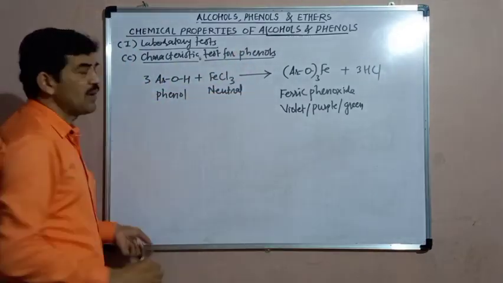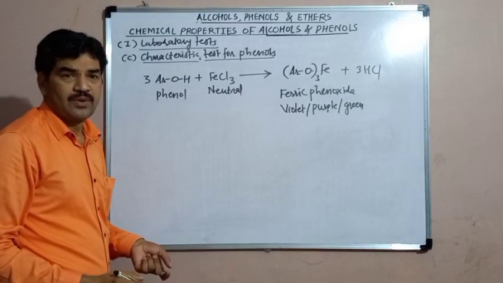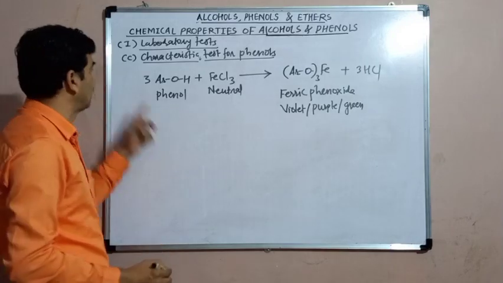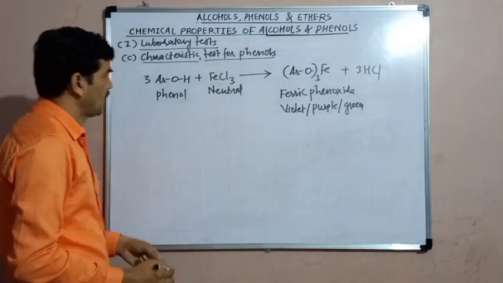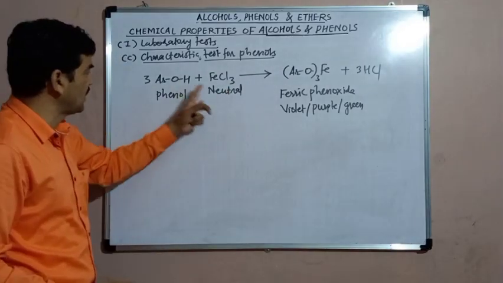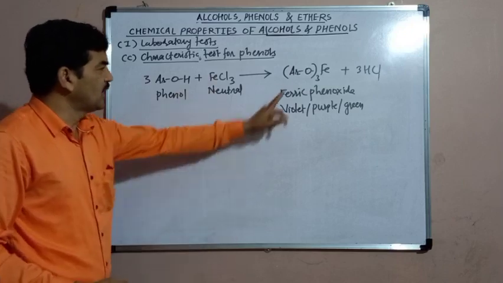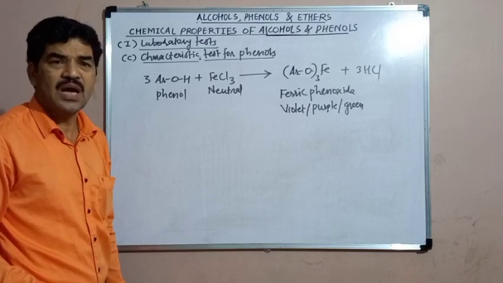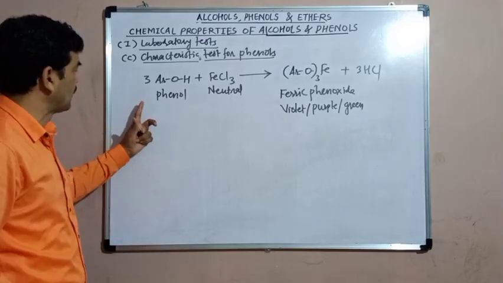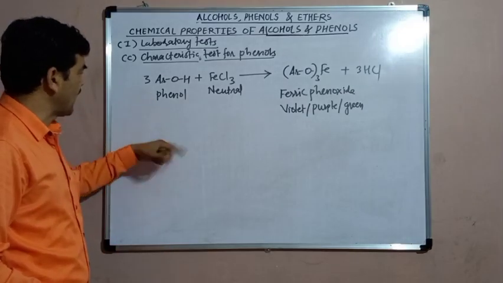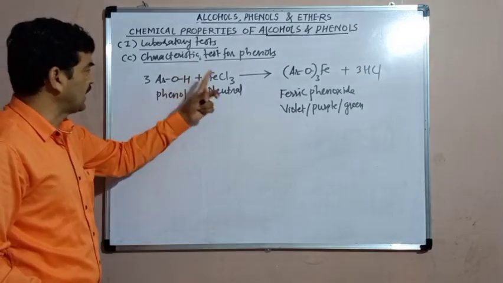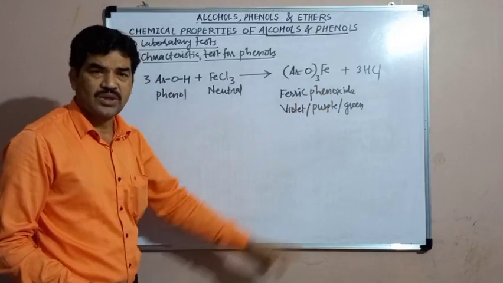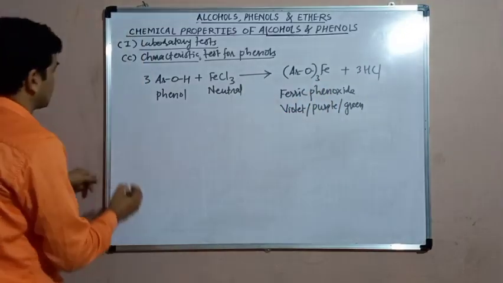This test is not given by the alcohols, and therefore alcohols and phenols are differentiated by performing this test. If we react the alcohol with neutral ferric chloride, there is no formation of any color, which indicates that the given compound is alcohol. But the phenolic compound, when reacted with neutral ferric chloride, forms a dark color. So this is the characteristic test for the phenols.